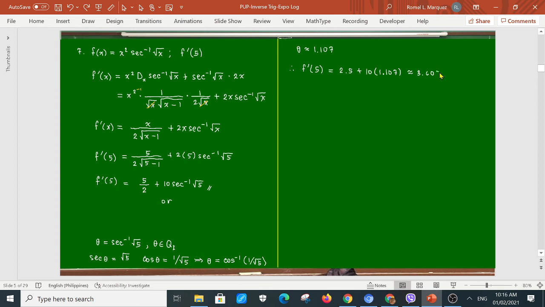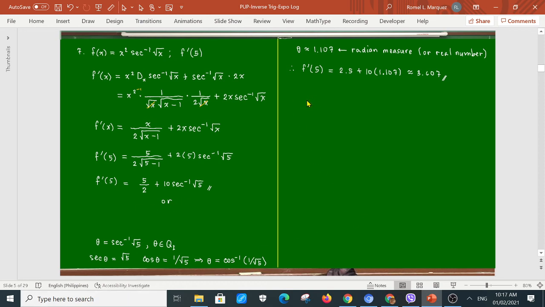Take note, guys, this is in radian measure, or that's a real number. Okay? That's it. You can have this or this, no?